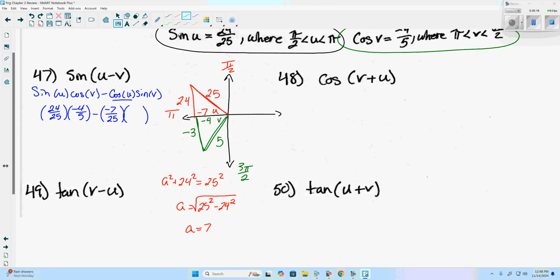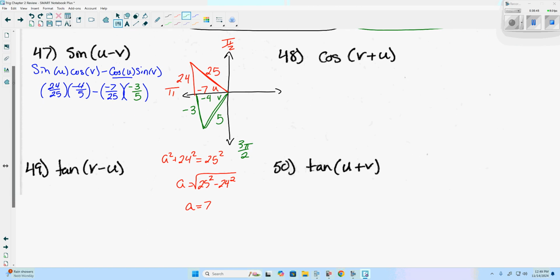The hypotenuse is always going to be a positive distance. The negative 4 and negative 3 are negative because of our x-y axis. Also, since we're in the third quadrant, sine and cosine values are both negative. So sine of V, opposite side is negative 3, hypotenuse is 5, giving us negative 3/5.